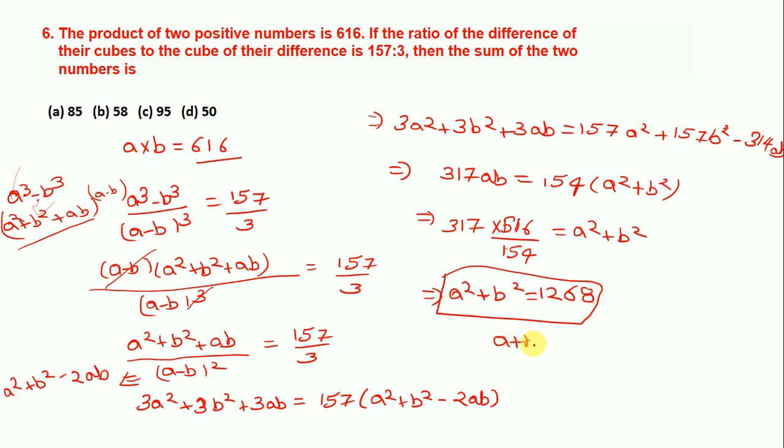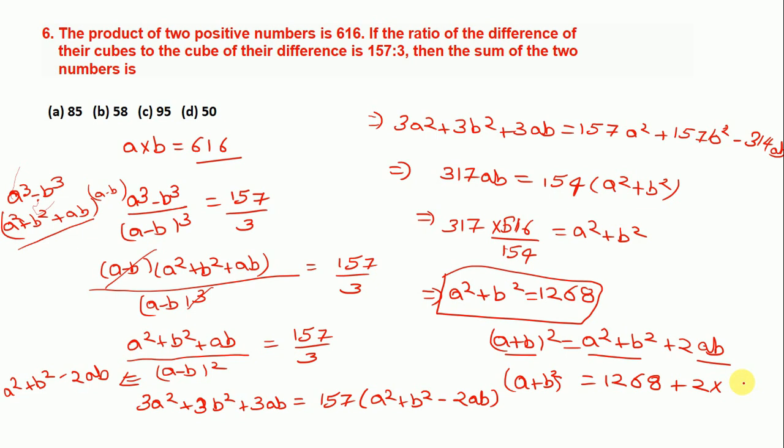We are just using this identity and we are opening a plus b whole square as a square plus b square plus 2ab, and we are doing this because we have the value of both a square plus b square and ab, and we have to find the value of a plus b. So a plus b whole square is equal to 1200 plus 2 into 616.